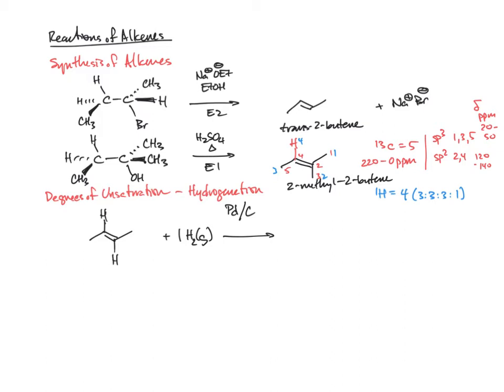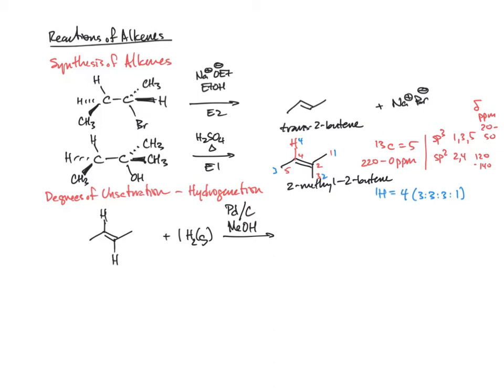The palladium metal is a catalyst that helps split up the hydrogen, H2, and then add it to the alkene. So we typically run these in a solvent that's alcoholic, say methanol. So what we're going to do is then add H2 across that alkene.